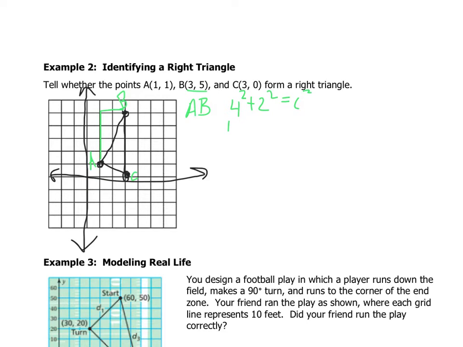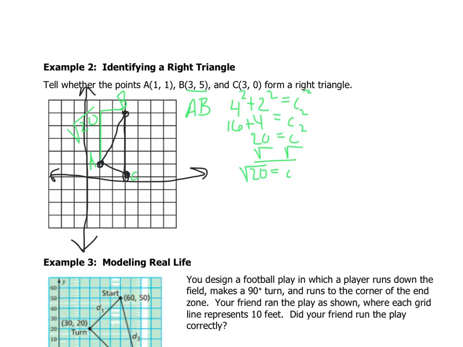So I would have 16 plus 4 equals C squared. 20 equals C squared. We take the square root. Now, I'm not going to change this into any kind of a decimal. I'm just going to leave this as the square root of 20. So the side over here is the square root of 20.